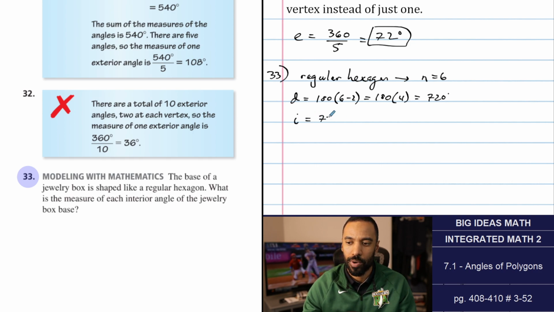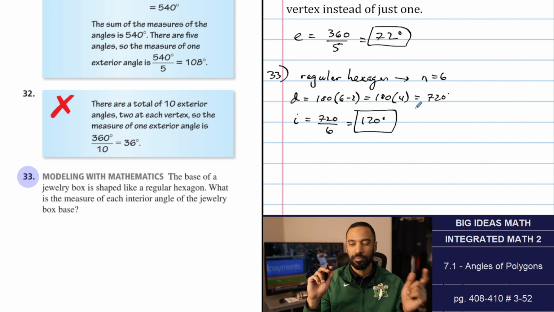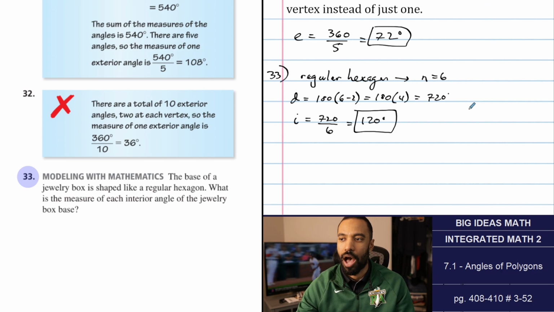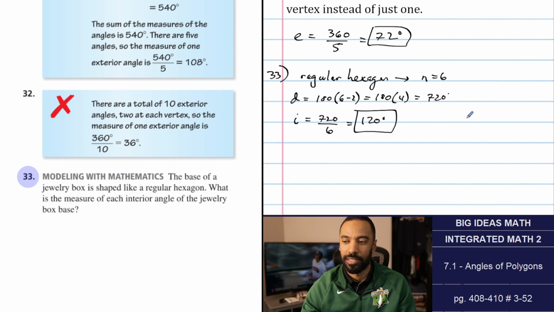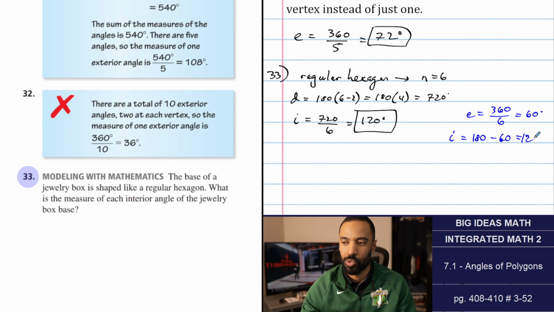You do 720 divided by 6, which is 120. That's option number 1. Option number 2 is you find the measure of one exterior angle. You know the sum is 360. Divide that by 6 and you get 60 degrees. And then I is 180 minus that 60 because it's supplementary, which is 120.